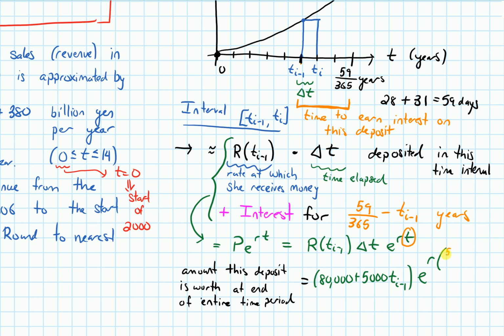So that's 59 over 365 minus t sub i minus 1 years. And then finally we have that delta t at the end.